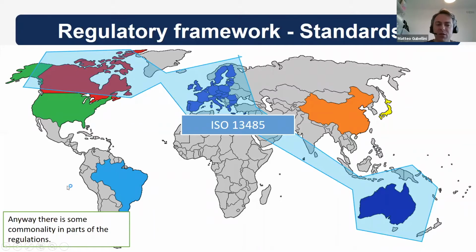That doesn't mean that it has no value in the others, but this is where it is probably directly mentioned in regulations in certain cases as a way to comply with the law.